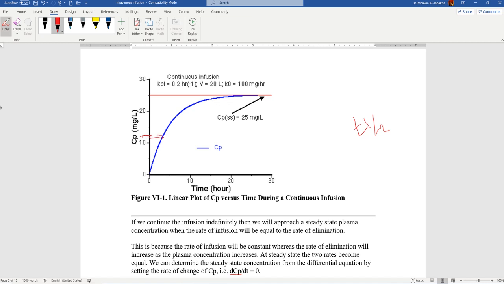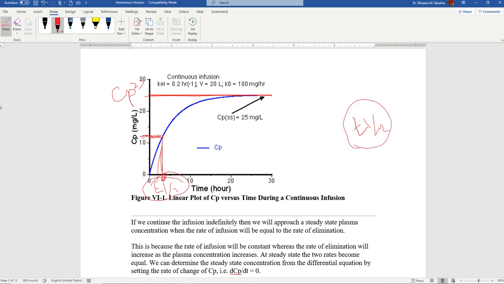How long will it take to reach half the steady state? We'll call it T half. I'm not talking here about the elimination half-life, I'm talking about the accumulation half-life. To reach half the steady state, CPSS, how long do I need? I will call it accumulation T half.